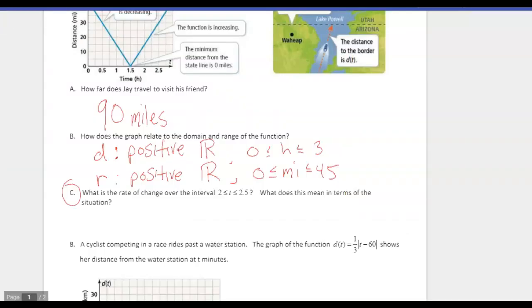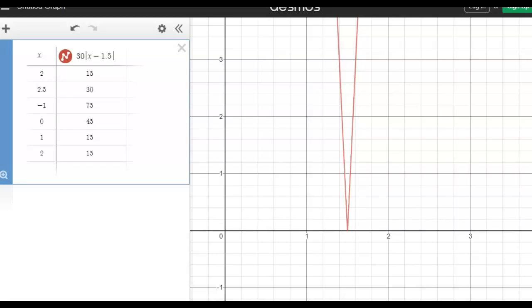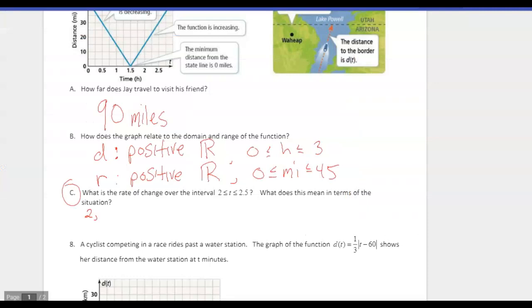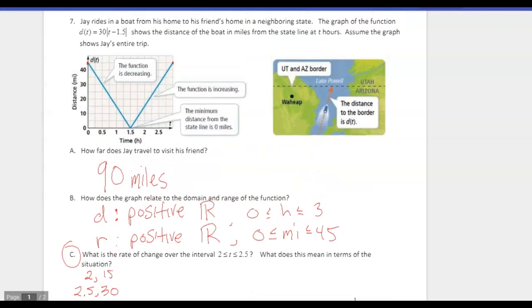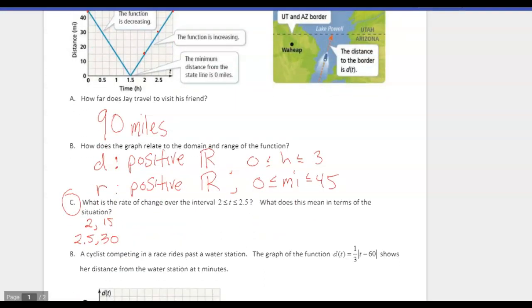So I can come back over here. So my two coordinates that I'm going to use is 2, 15, and 2.5, 30. And if you check, that does line up here. So we have 2 points.